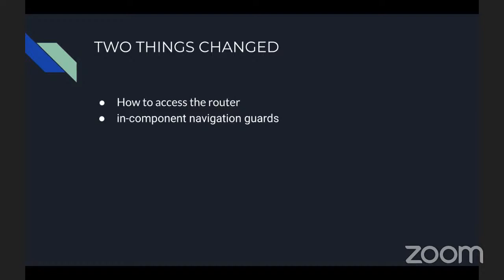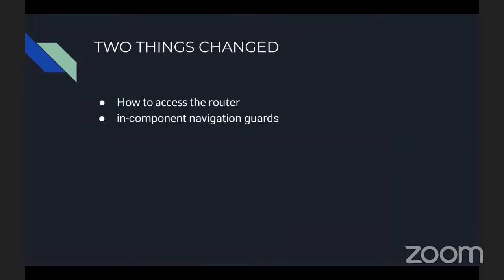Let's say you go to user/1, you might want to show Oliver there, but when you go to user/2, you want to show Emanuela there. Yes, so those are the two important things when it comes to using a router for a single page application. And the in-component navigation guards, we're going to talk about as we go along.